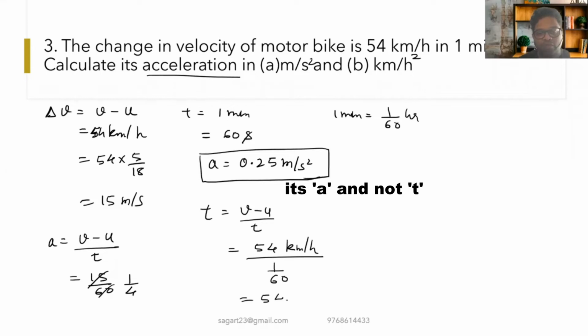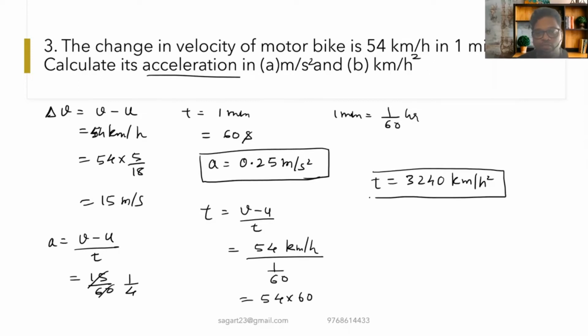So we get 54 into 60, and that will be 3,240 kilometer per hour square. Okay, so if they want in kilometer per hour square, we have this in kilometer per hour.